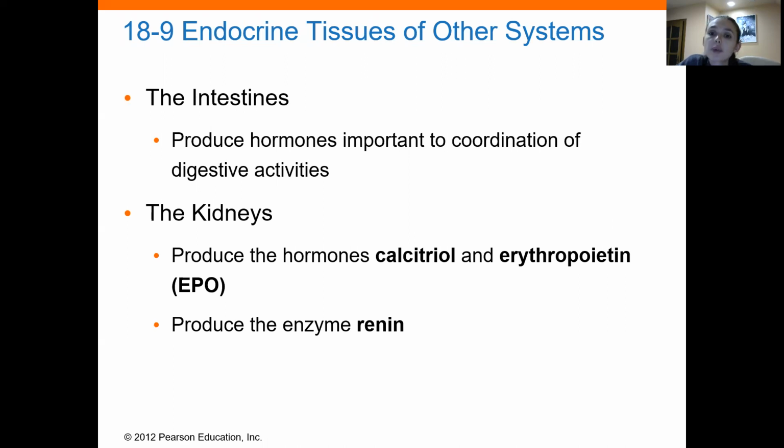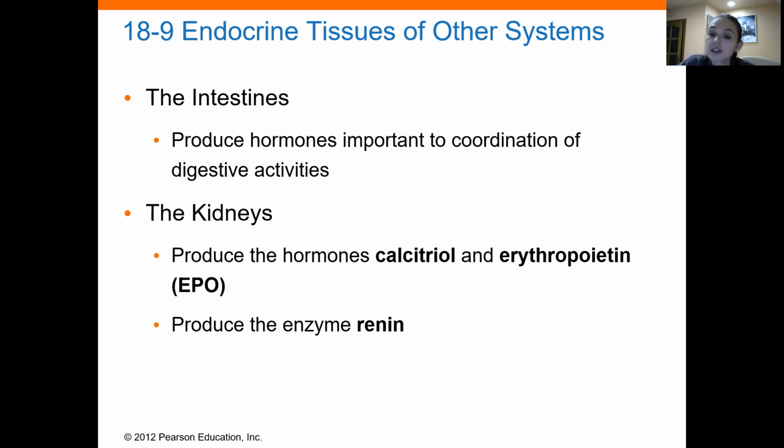The intestine produces hormones important to the coordination of digestive activities, like gastrin and secretin, which affect the process of digestion. The kidney produces the hormones calcitriol and erythropoietin. Mainly calcitriol is responsible for delivering calcium to the bones and making bones stronger, and erythropoietin affects the red bone marrow to produce new red blood cells.